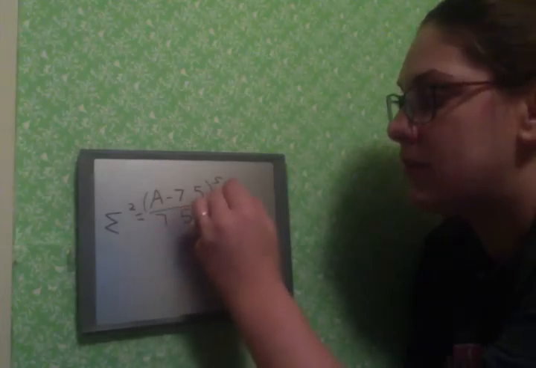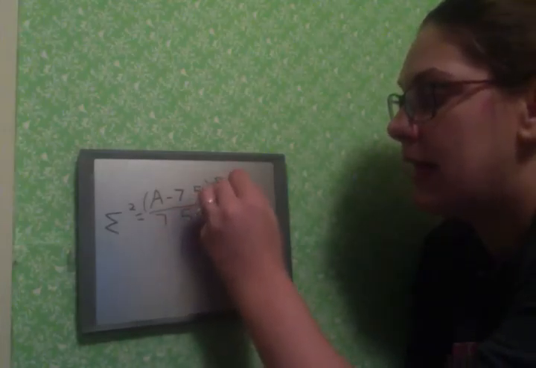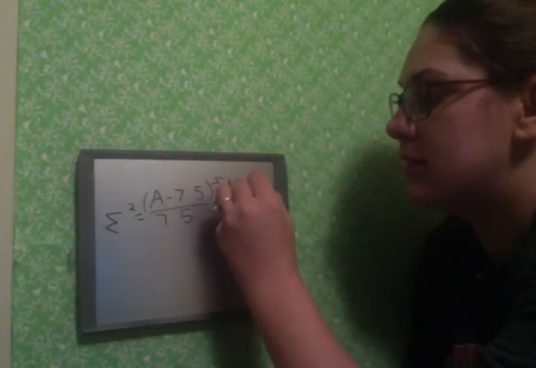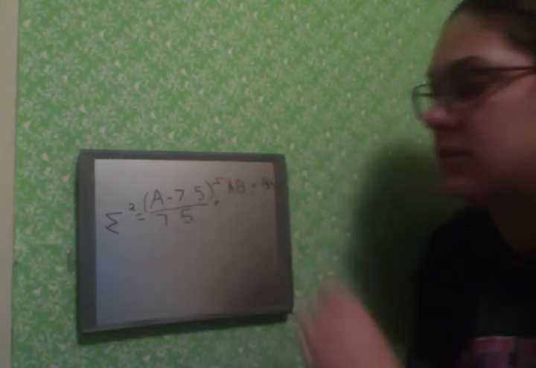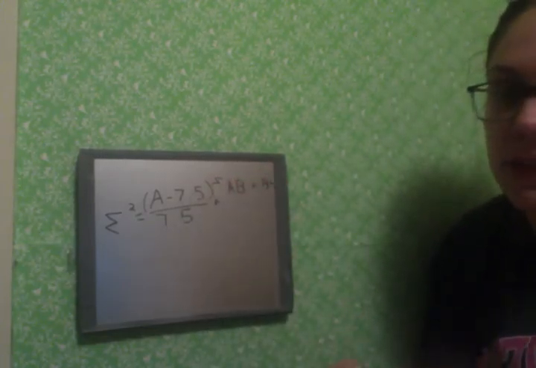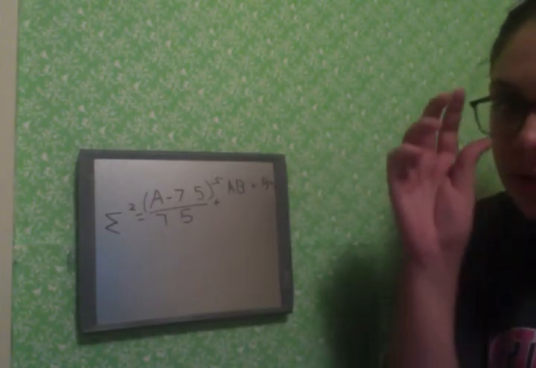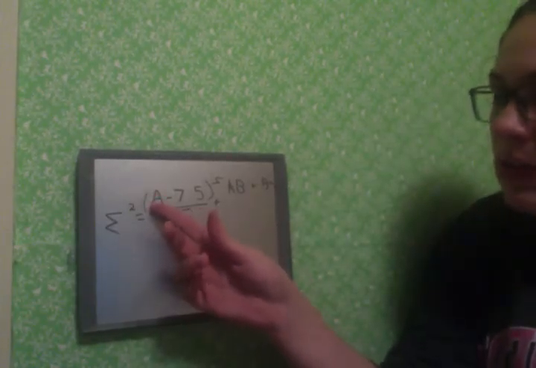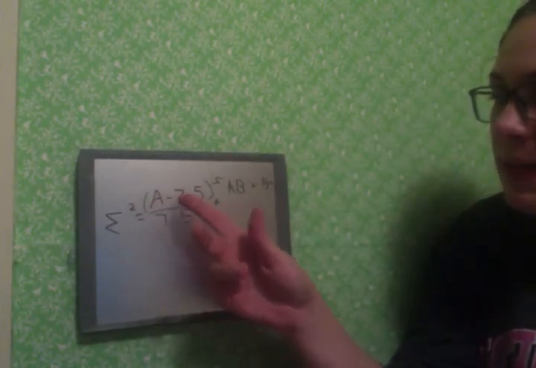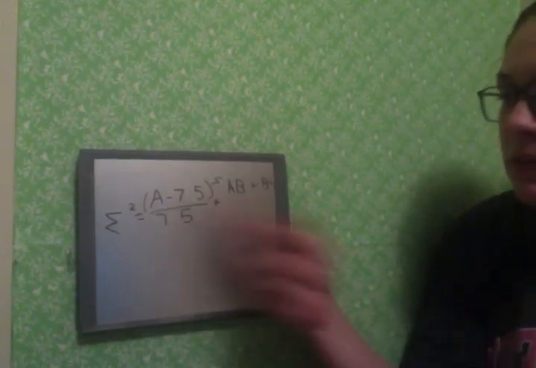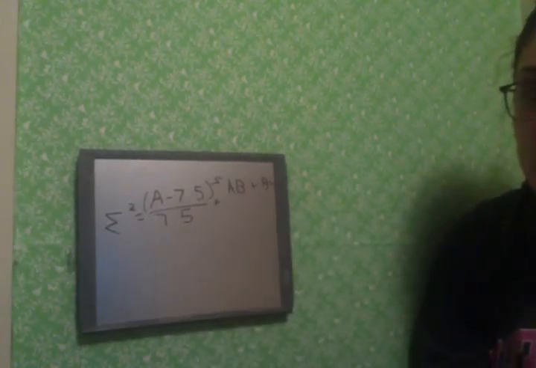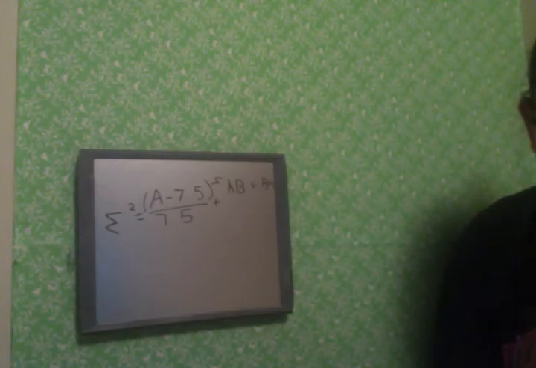And the same is done for AB and B and so forth. So that helps you. I would write that on the board. So chi-squared is the number you found for A minus the expected, squared, divided by the expected, pretty much. So that's the lab.